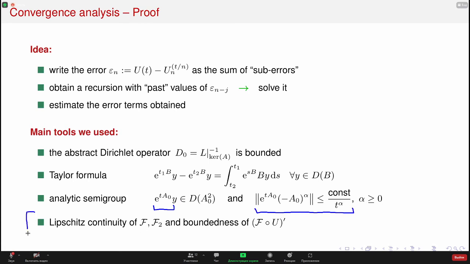And for the semilinear part, the Lipschitz continuity really plays an important role, not only for F, but sadly also for F2. Why did I say sadly? Because we had an example in mind where this F2 was not Lipschitz continuous. So this is our next aim, to somehow weaken this Lipschitz continuity condition on F2.